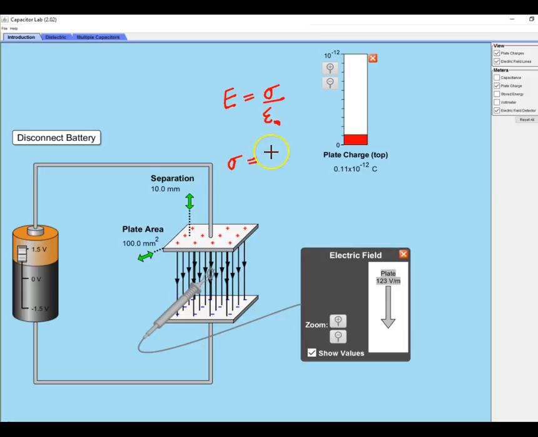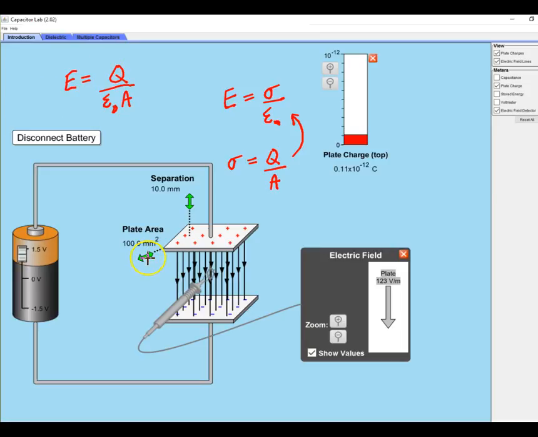It's basically the amount of charge that is on either one of the plates divided by the cross-sectional area. So it's the charge per unit area of the plates. Substituting this equation into here, we get E is equivalent to Q divided by epsilon naught times the cross-sectional area on the bottom. Take a look at this.